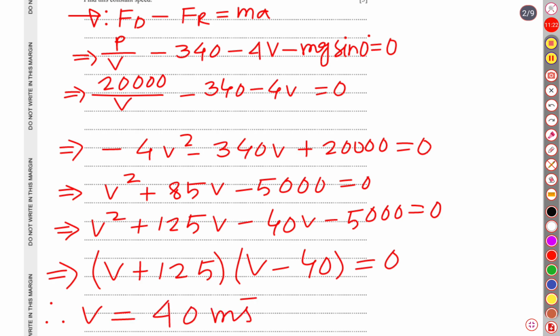Now you may ask a question, why are we avoiding the first factor? Because it is constant speed, and speed can never be negative, so V is greater than 0.